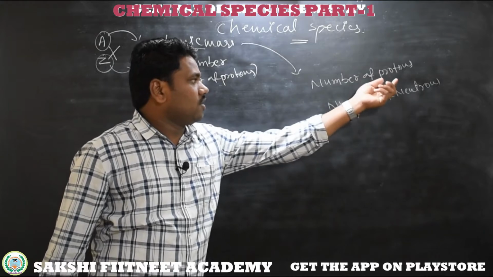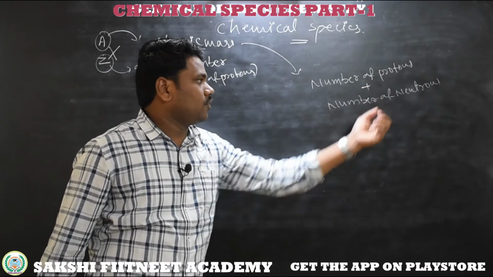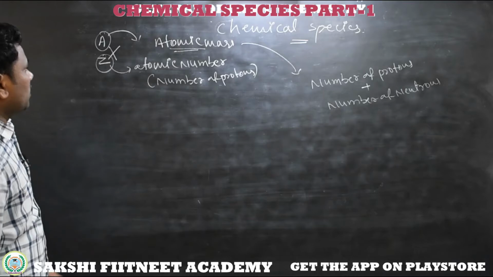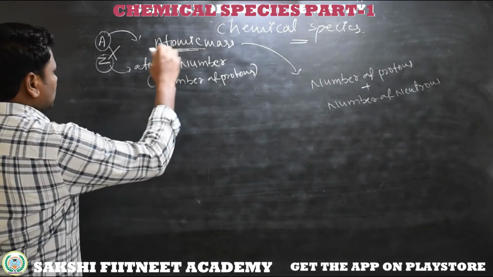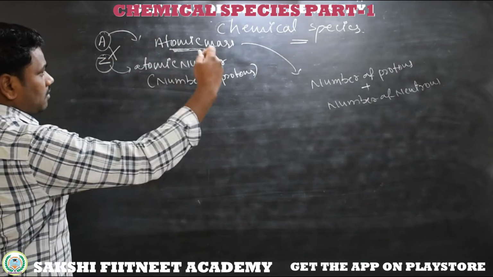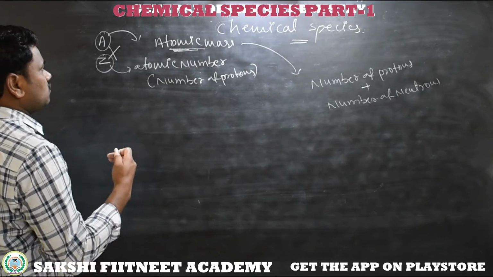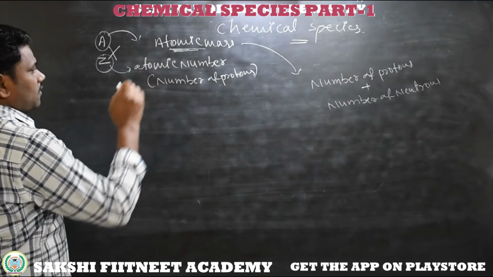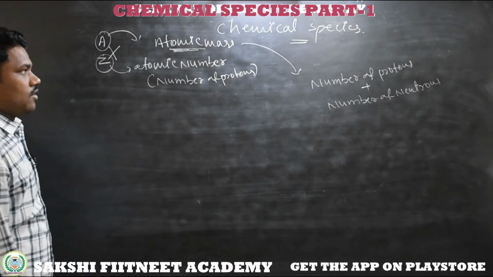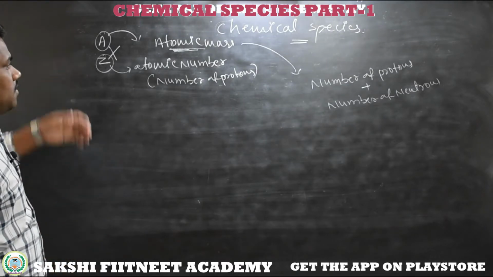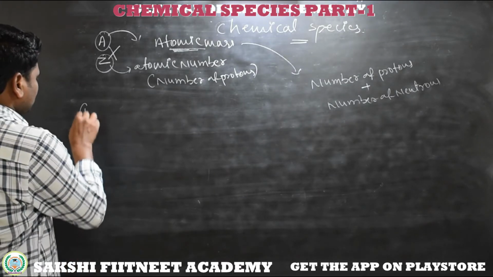These are the nucleons, the number of protons plus the number of neutrons present in the atomic nucleus, called atomic mass. Whatever the chemical species, we classify them based on the number of protons, number of neutrons and the number of electrons.